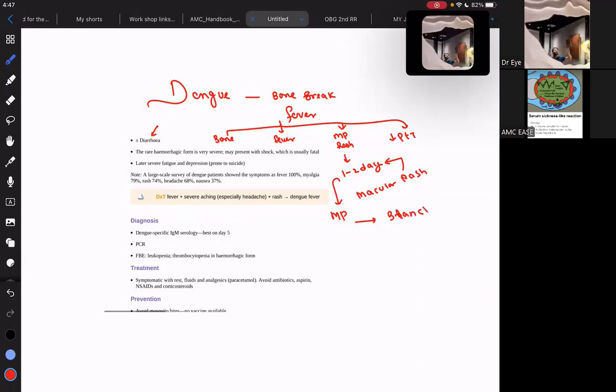It initially involves the trunk, and then it distributes centrifugally. Then it spreads to two things, that is palm and sole also. Done. What was the incubation period? 5 to 6 days. That means less than 7 days.